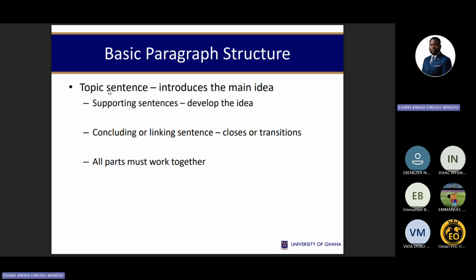So this is the same case with the topic sentence, which is the main idea, and the supporting sentences, which are helping us to understand the main idea. Are we following now? Supporting sentences normally do not talk about topics on their own. They talk about topics that the topic sentence, which is the main idea, has exposed.